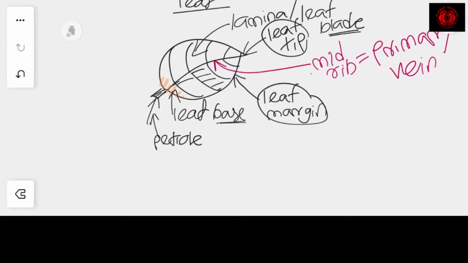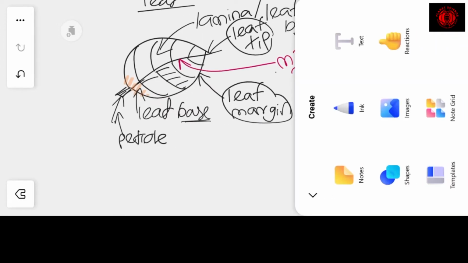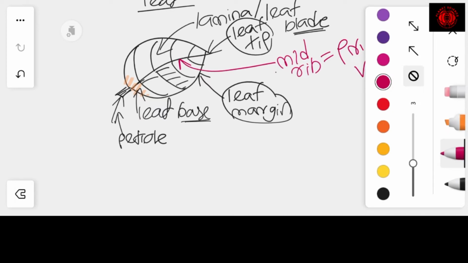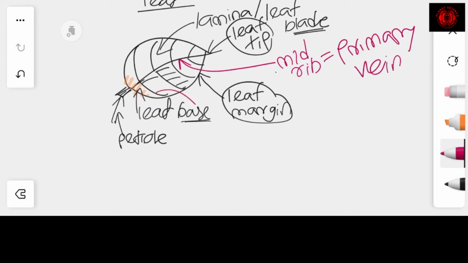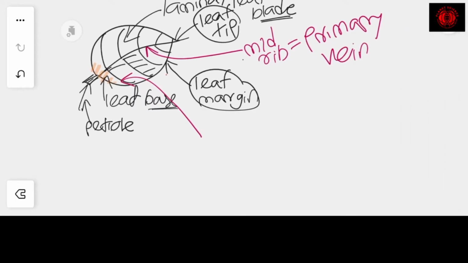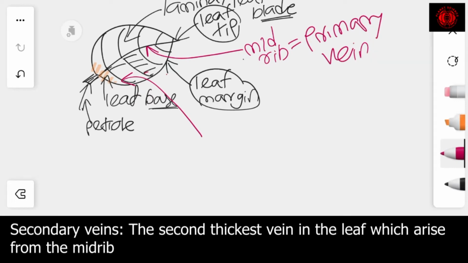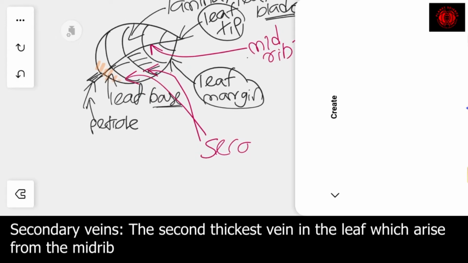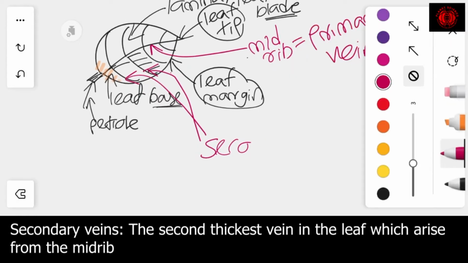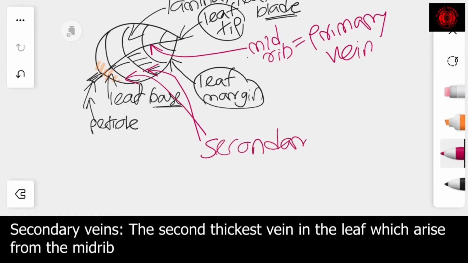And from that primary vein, we can find several veins like that. We call them secondary veins.